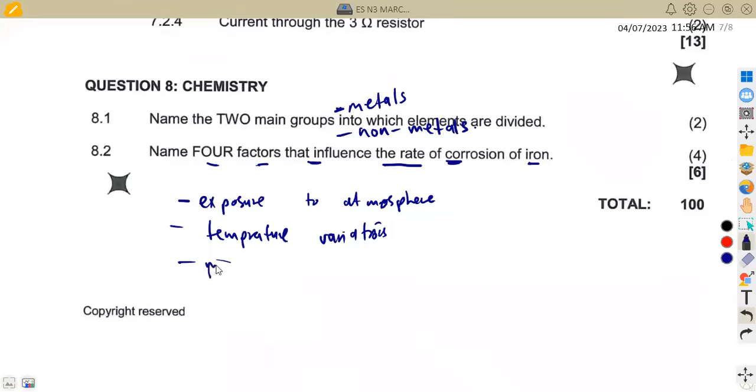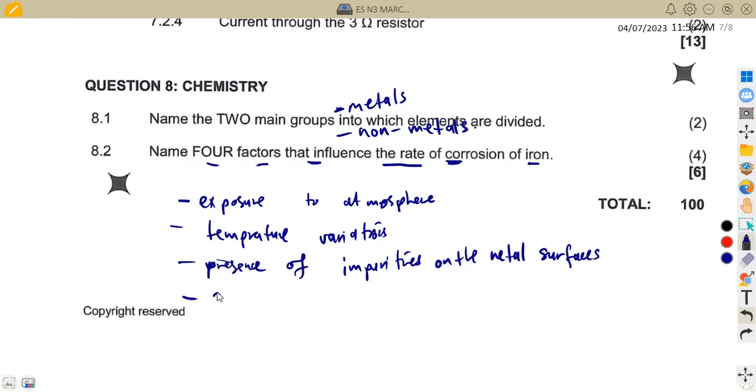So we've got presence, with one S there, presence of impurities on the metal surfaces, such as the issue of acids and so forth.